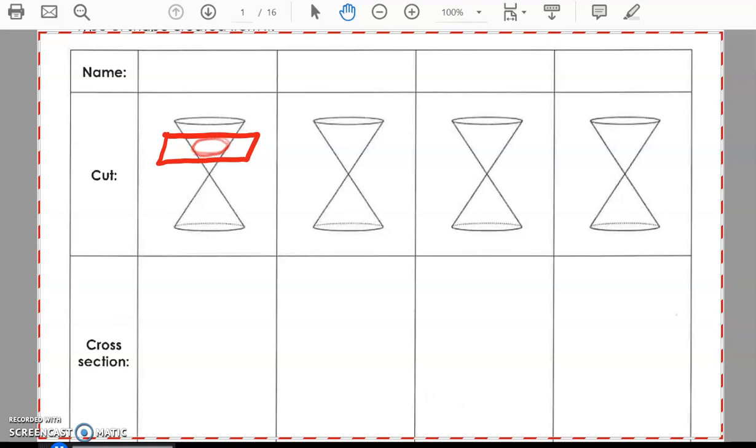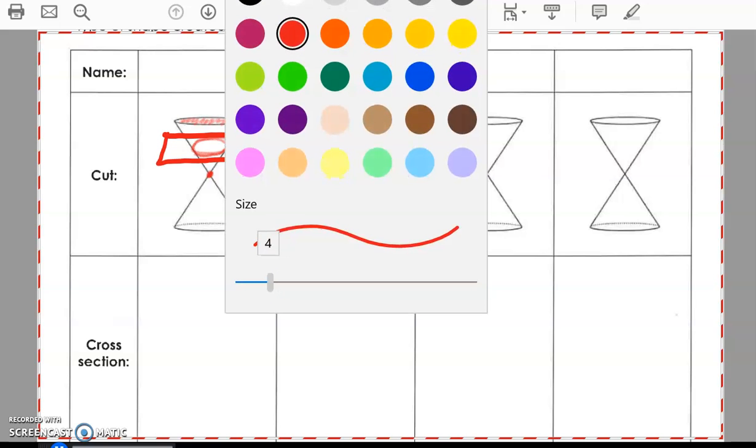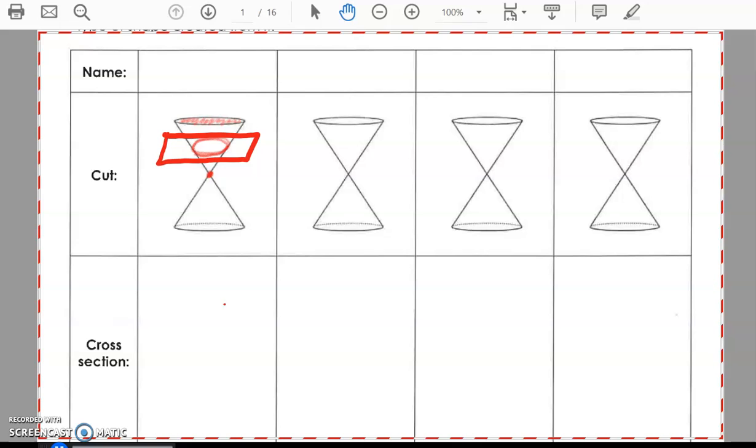As long as we're parallel to the base, it's the same shape as the base, just smaller. The closer we slice the cone to the apex right here, the smaller the circle is going to be. And so the cross section is going to be just a circle. We should be relatively familiar with circles from geometry.